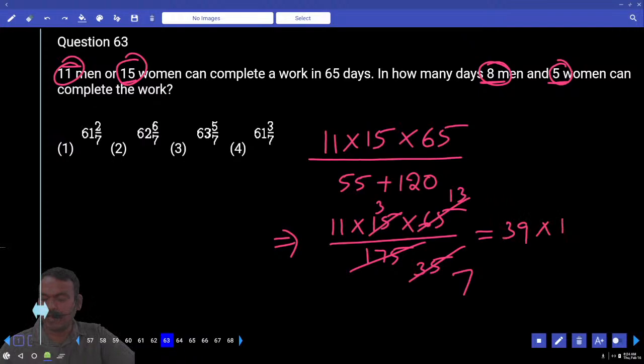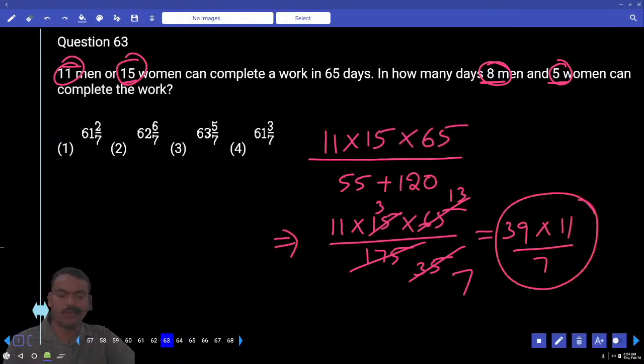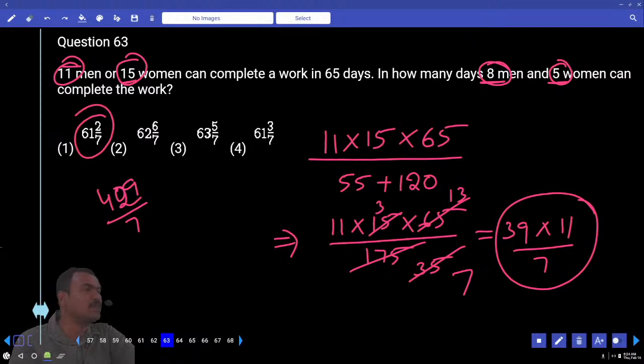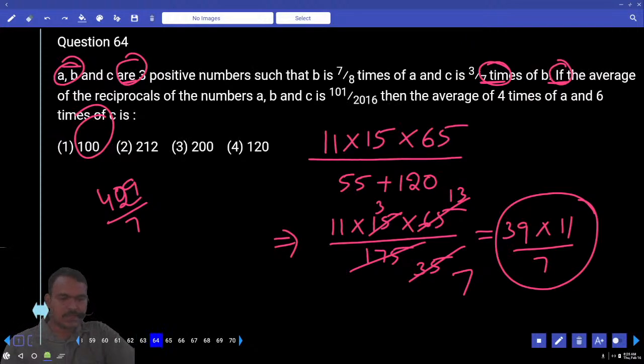Into 11 by 7. 39 into 11 is 429, or not? 429 by 7 means 7 6s are 42, 7 1s are 7, 61 and 2 by 7, or not? That is the product by sum concept.